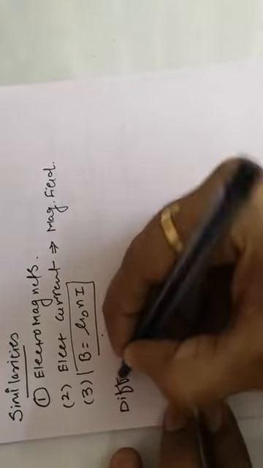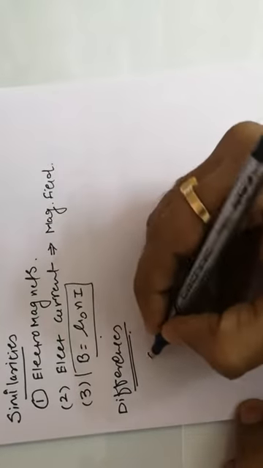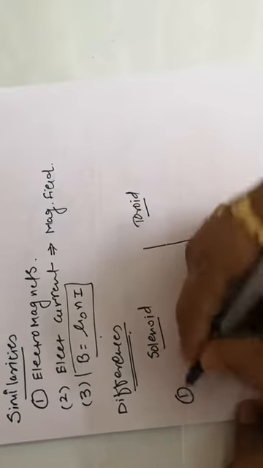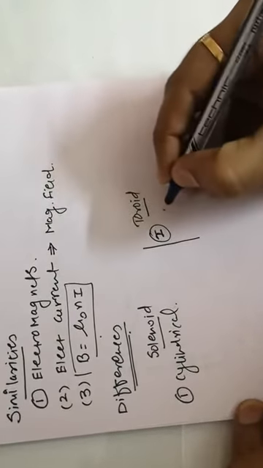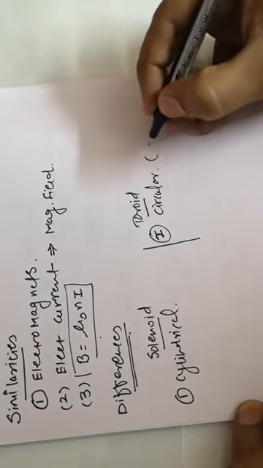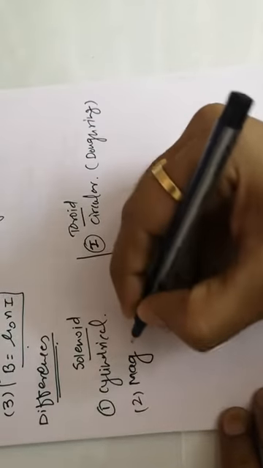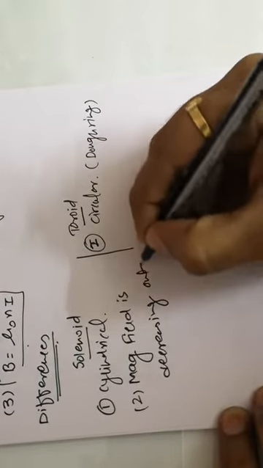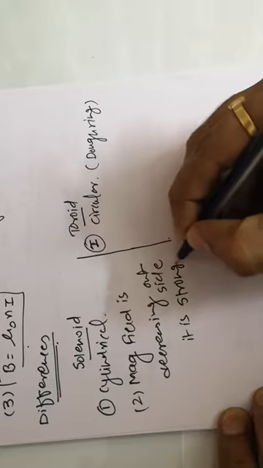Now differences. First difference between the solenoid and toroid: the solenoid has a cylindrical shape, while my toroid has a circular shape because it is somehow called a Duff ring. Second difference is about our magnetic field: in the solenoid it is decreasing outside and stronger inside.